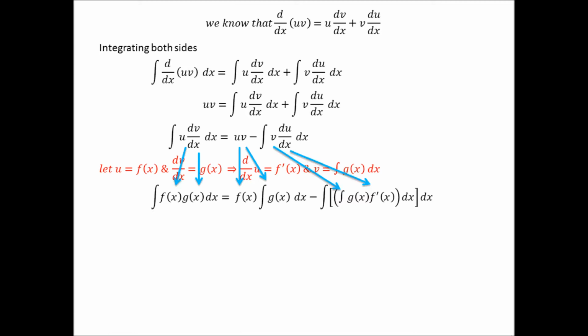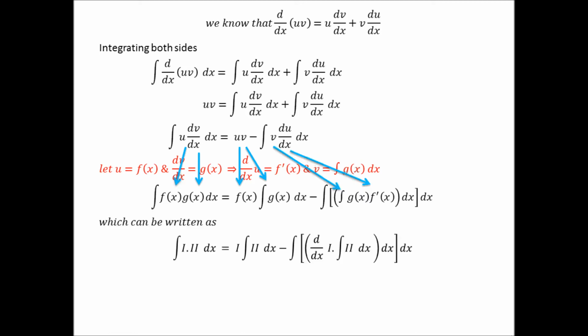We'll be left with integral of f(x) into g(x) is equal to f(x) times integral of g(x) minus integral of g(x) f dash x dx. So we got the formula for the integral of a product of two functions, which is also written as integral of first into second function is equal to first into integral of second minus integral of derivative of first into integral of second.